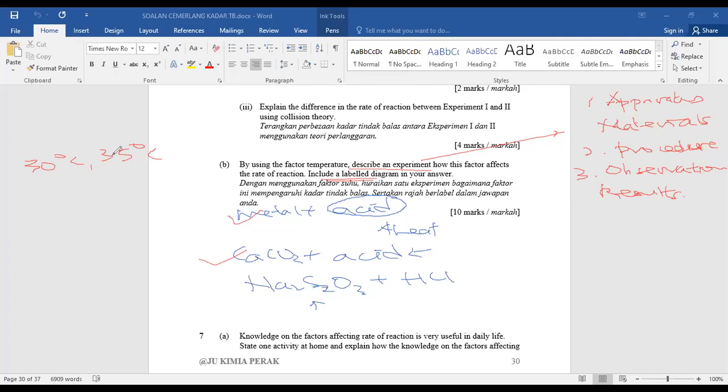You repeat the steps by heating the sodium thiosulfate solution to 35, 40, 45, and 50. Altogether 5 temperatures, and the maximum will be 50, so that you are getting a linear graph. Okay, so this is our question 6.